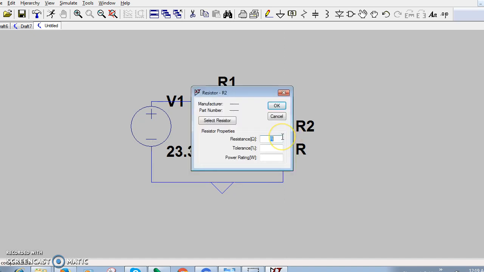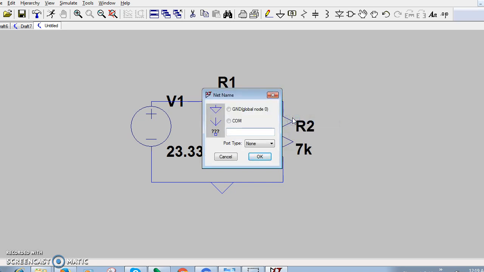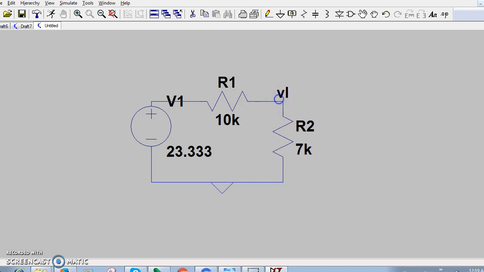Let us give it some value, for example say 7 kilo ohm. Let us label this point to be VL, since it's a load voltage.